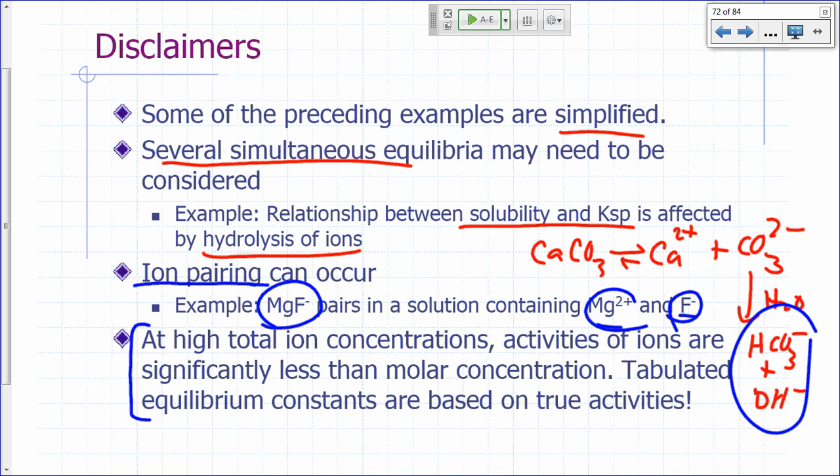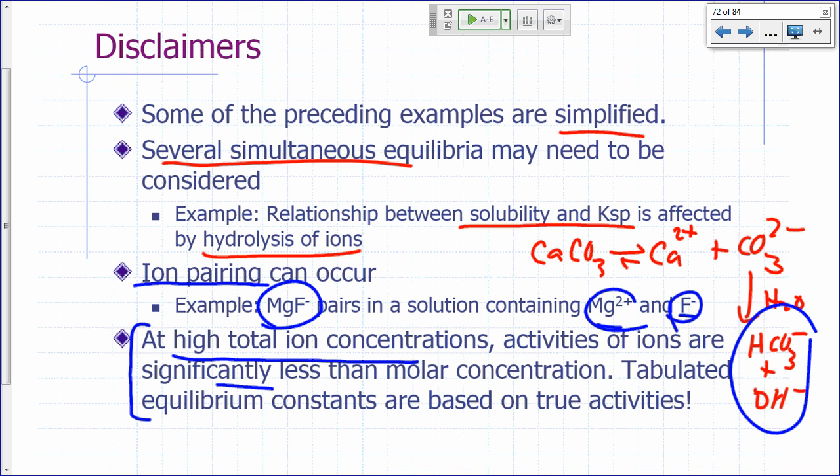And this other thing I mentioned earlier, that we're using concentrations as approximate values for activities. Whenever you have a very high total concentration of ions, the activities of ions will become significantly less than the molar concentration.